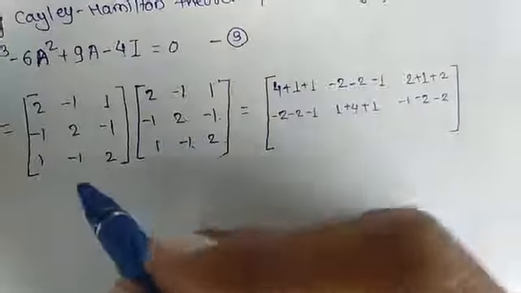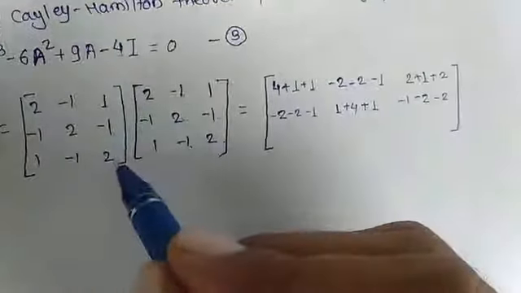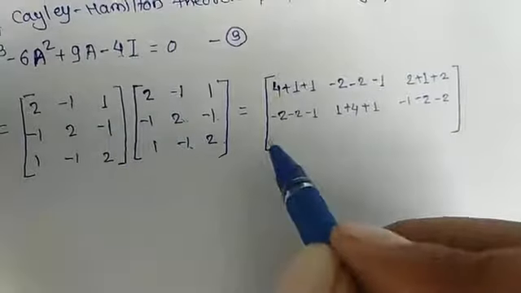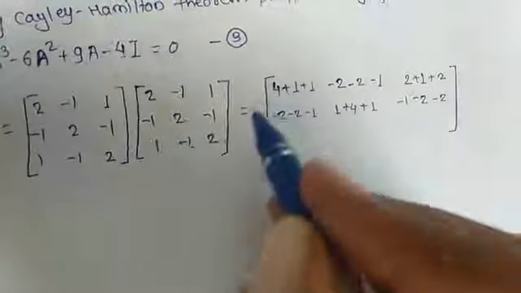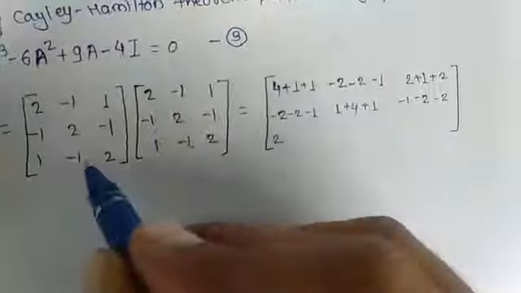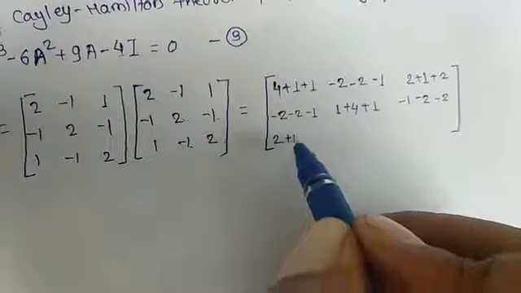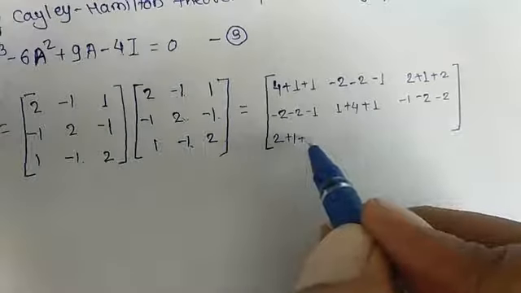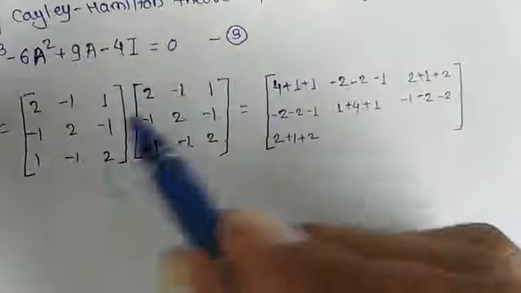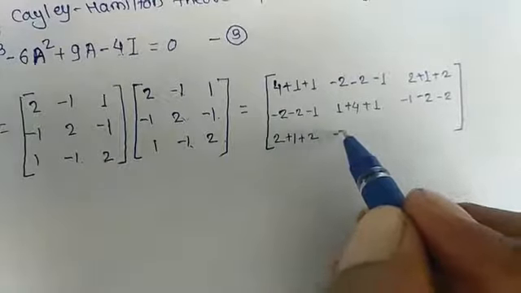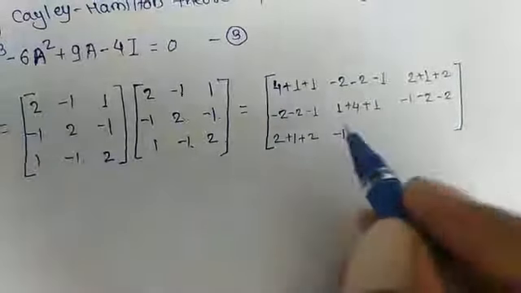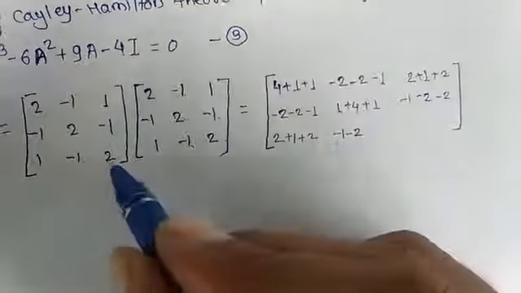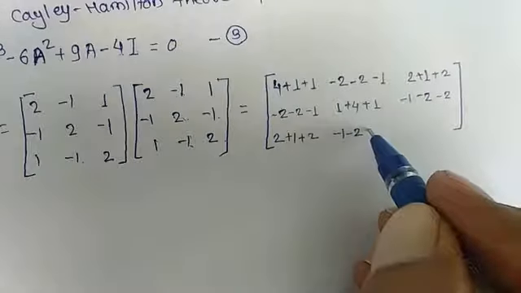Okay, now next row, so for third row first column, which will be A31 position, 1 into 2 is 2, minus 1 into minus 1 is plus 1, 2 into 1 is plus 2. Next, 1 into minus 1 is minus 1, minus 1 into 2 is minus 2, and 2 into minus 1 is minus 2.